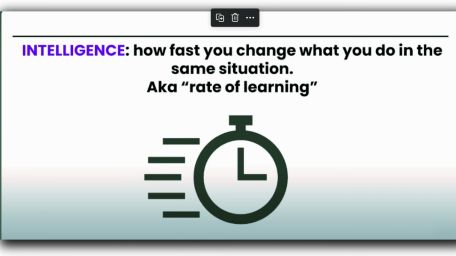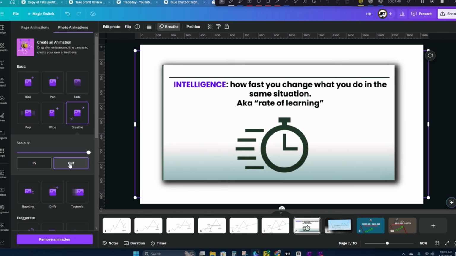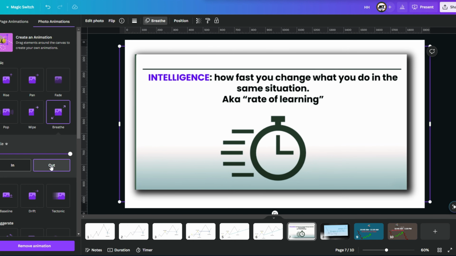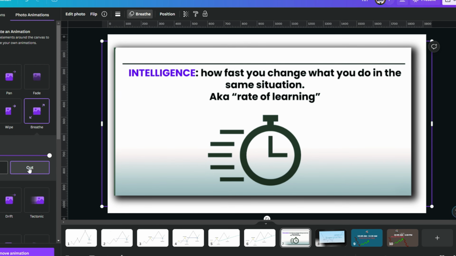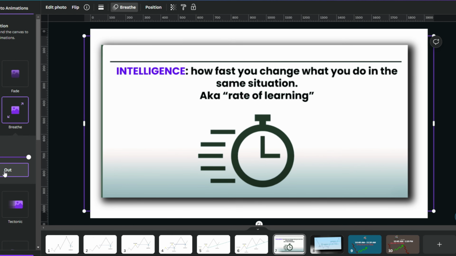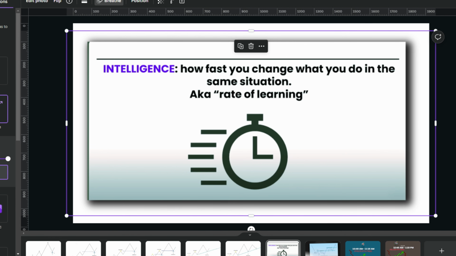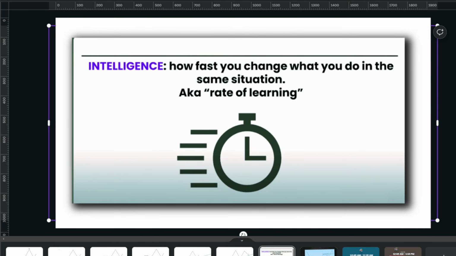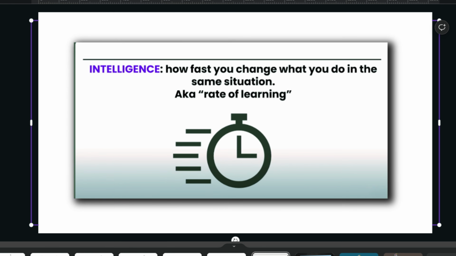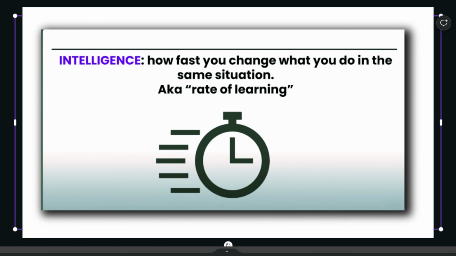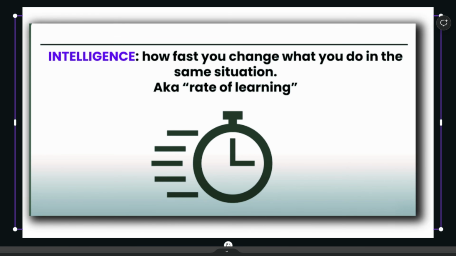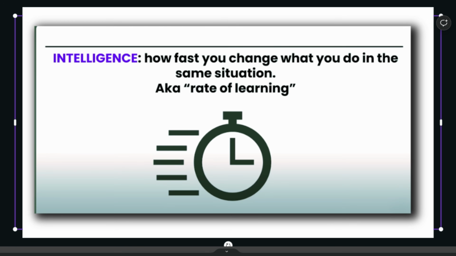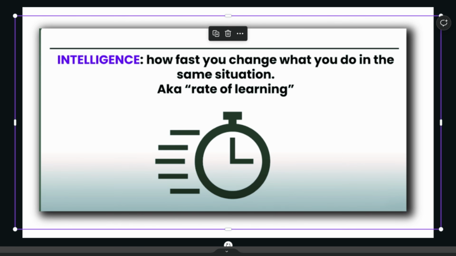That's not the way it works. Intelligence is how fast you change what you do in the same situation, aka rate of learning. Are you intelligent and are you learning? You've got to ask yourself that. Are you taking in the information and applying it? If you're just taking in the information but then trading the same, it does you no good.